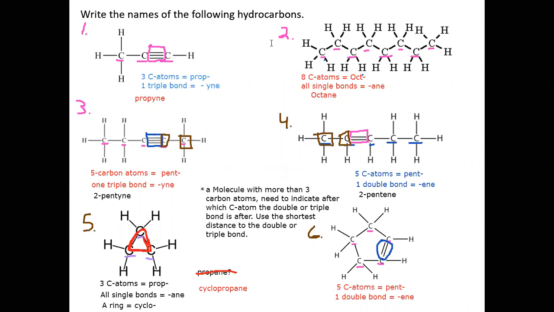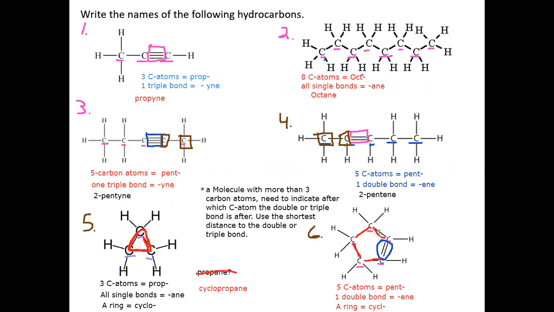Now you'll notice that these all form a ring. So if you start at 1, go to 2, go to 3, go to 4, go to 5, you see we come back to the beginning. So since it's that, we have to use the prefix cyclo. Now, and this is very important, since we only have 1 double bond, any one of these carbons can be the first carbon atom.